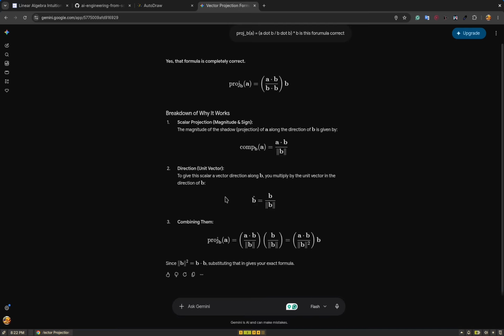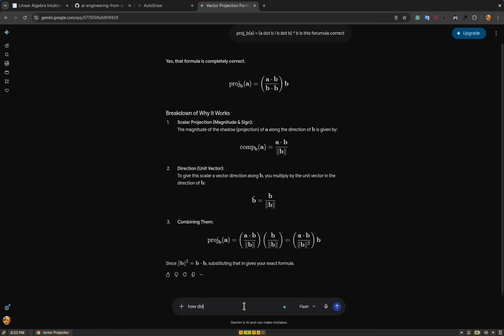Now B hat is equal to B divided by B magnitude. I know that. Where does this come from essentially? Why is it putting it there? Why is it multiplying it like that? Where did you get the formula?